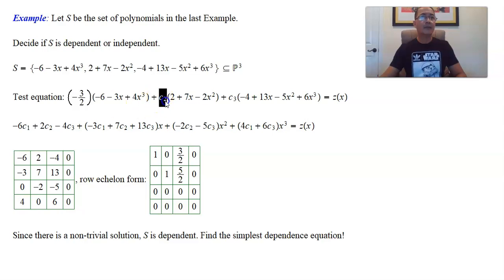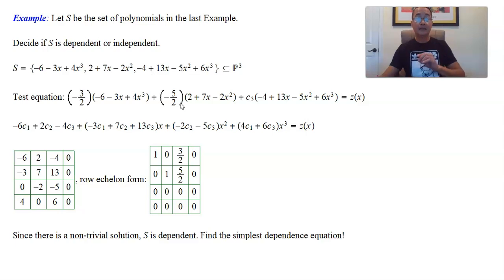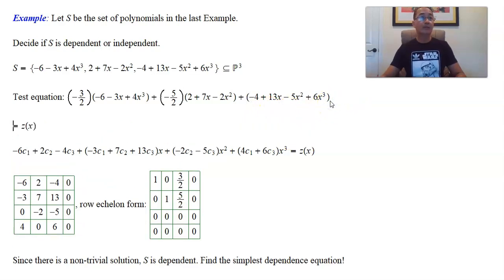So let me copy this here. Negative 5 halves, and c3 is just 1. So we can get rid of that c3. Will we get the zero polynomial? And, oh, yes, of course. Now, Maple does not know who z of x is.